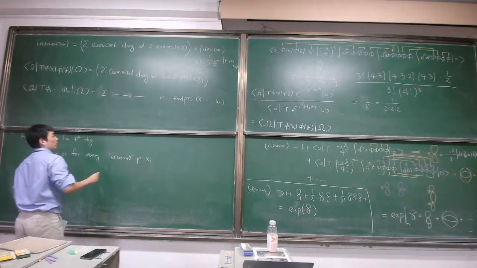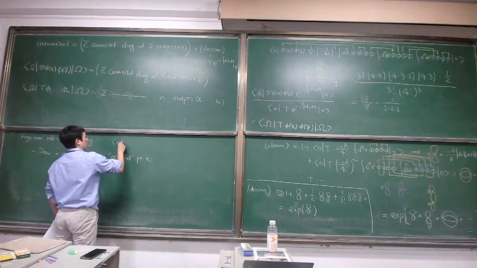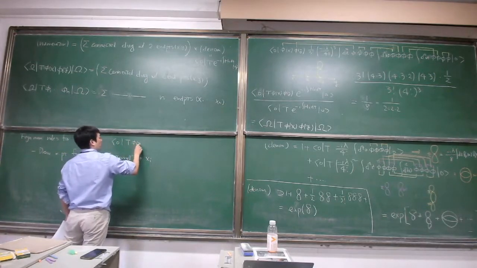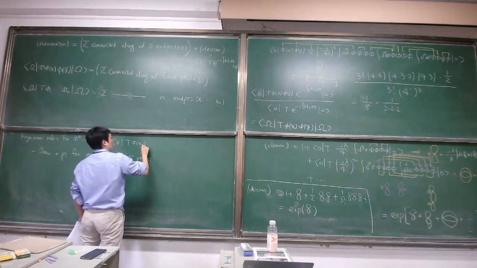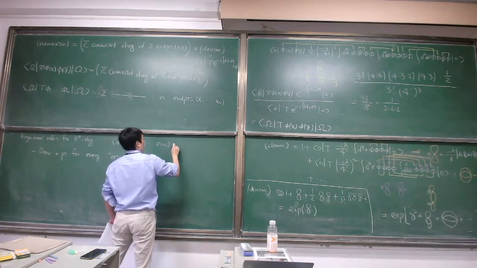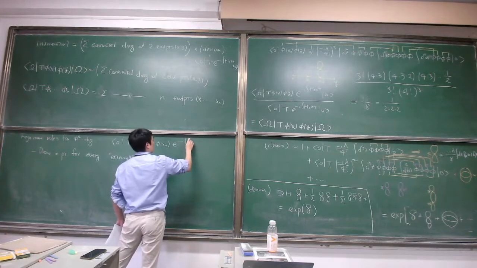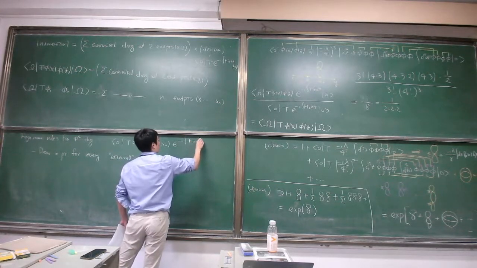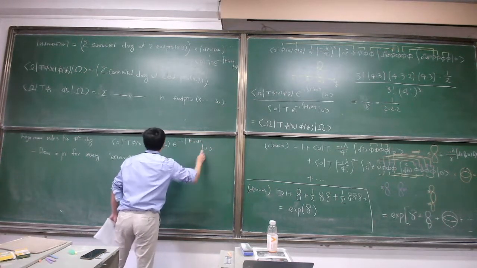So here, when you consider the correlation function, something like phi(x1) through phi(xn) times e to the minus i integral of H_I dt, 0.